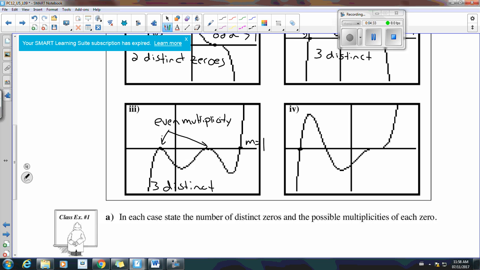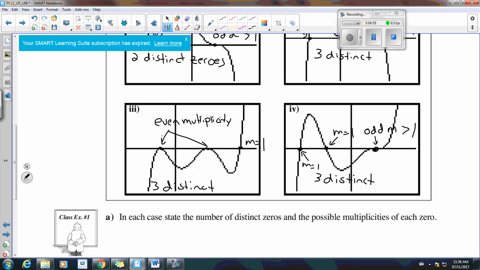Here we now have, again, 3 distinct zeros. This passes straight through, so multiplicity 1. This one passes straight through, so multiplicity 1. This one has a point of inflection, so this is odd multiplicity, but it has to be greater than 1.